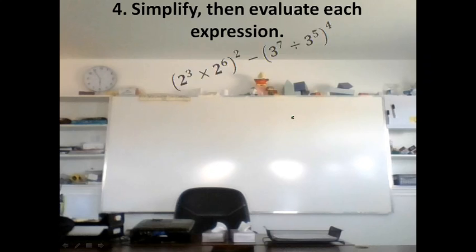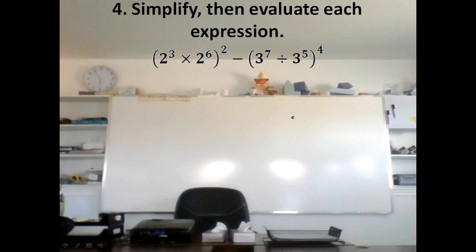As an example, when you have 2 to the power of 3 times 2 to the power of 6 in brackets to the power of 2, take away 3 to the power of 7 divided by 3 to the power of 5 in brackets all to the power of 4. Following the order of operations will make it easier to solve.